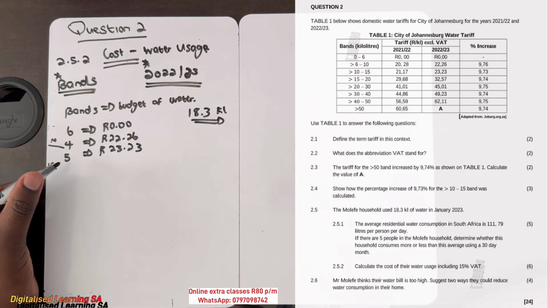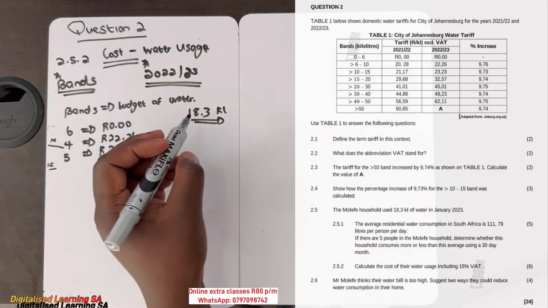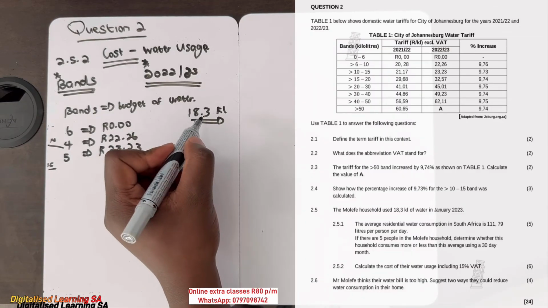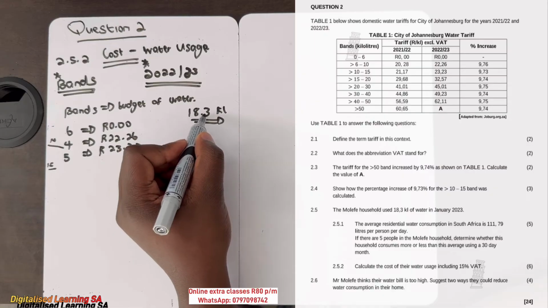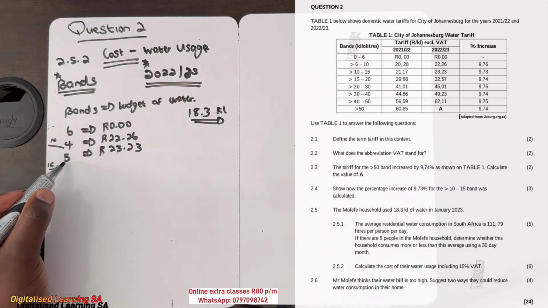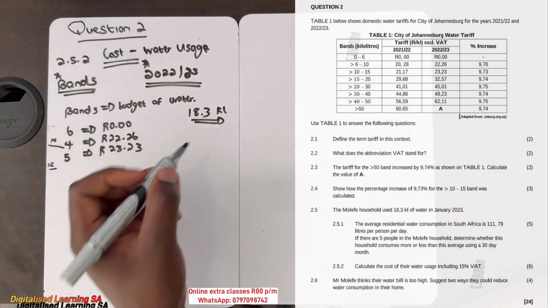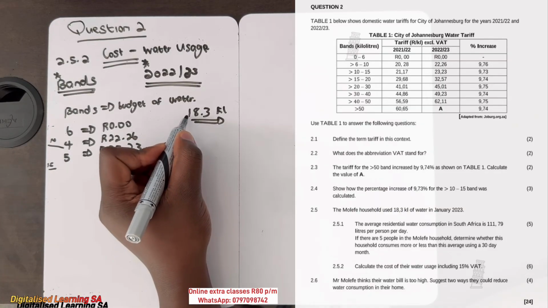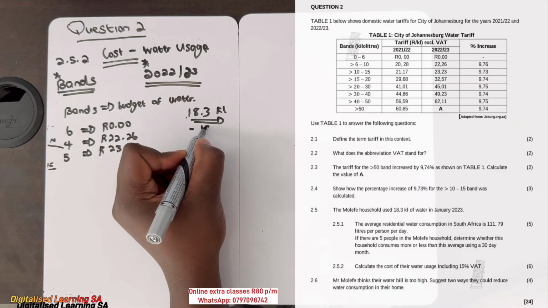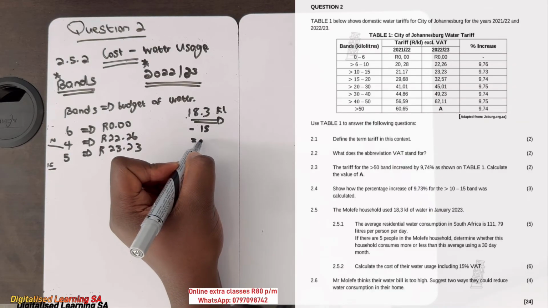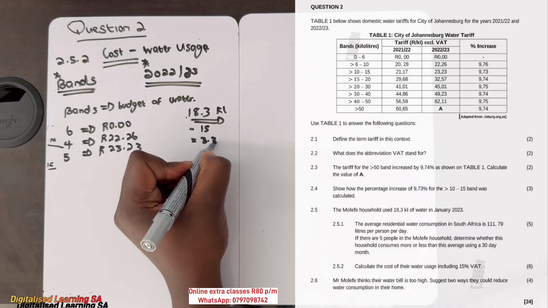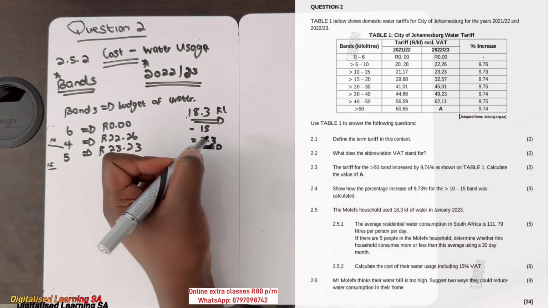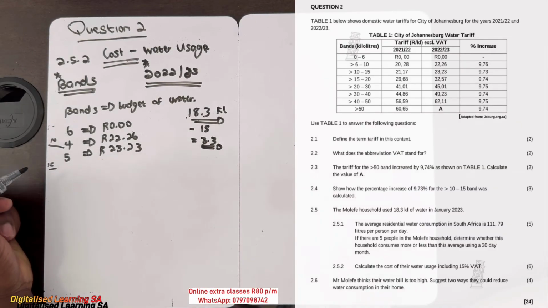So now remember that the kiloliters that we used were 18.3, and we have already calculated 15. So if we take this 18.3 and minus 15, you will see that we will be left with 3.3. So now we need to calculate the remaining 3.3. And we know that from 15 to 20, it costs 32.57.